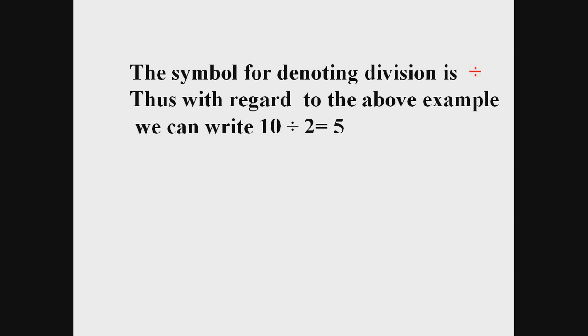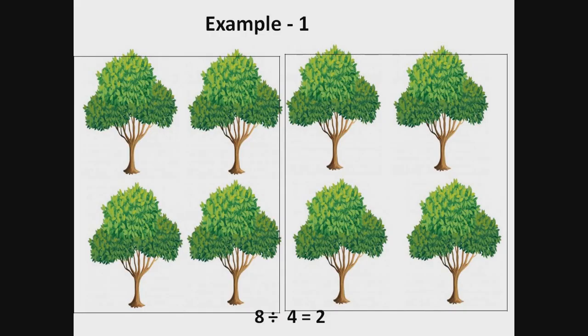Thus, with regard to the above example, we can write 10 divided by 2 is equal to 5. Example, 8 divided by 4 is equal to 2. Here you can see on the screen there are 8 trees divided into groups of 4.